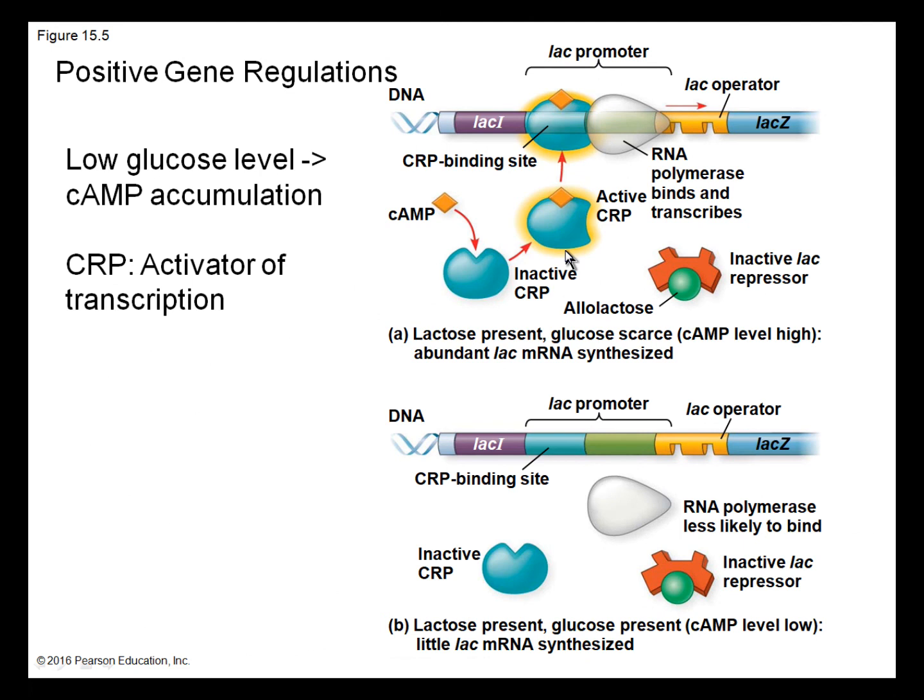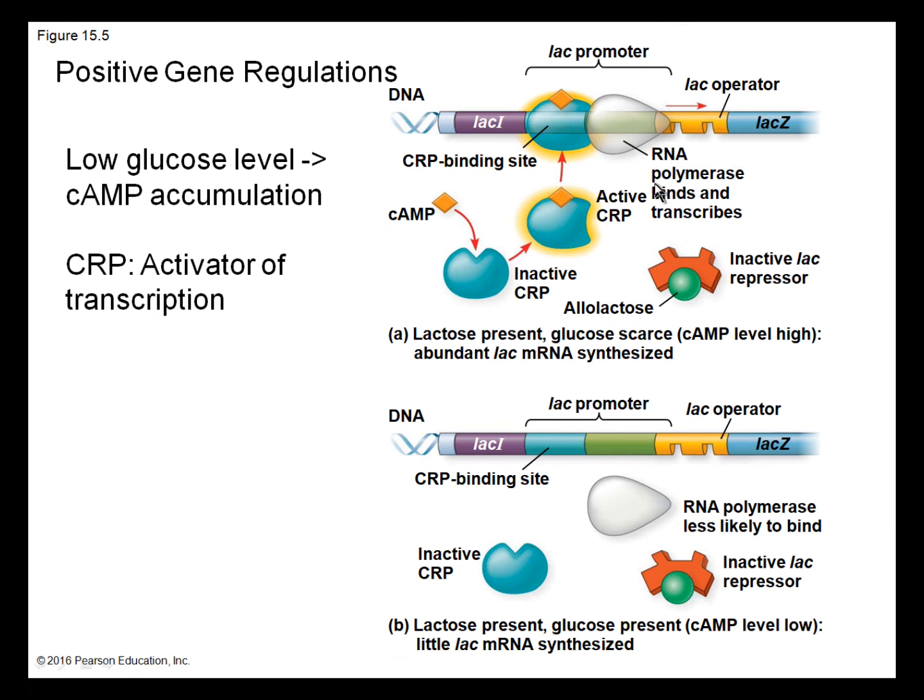Glucose is a regular, normal substrate for glycolysis, and the enzymes are present. It's rather cumbersome and requires additional resources to digest lactose by turning on the lac operon and synthesizing those lactose-digesting enzymes. So if they have glucose, they don't want to make the lactose enzymes, even though they have lactose.